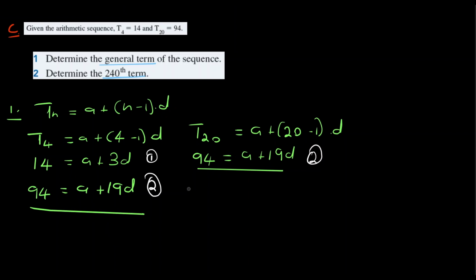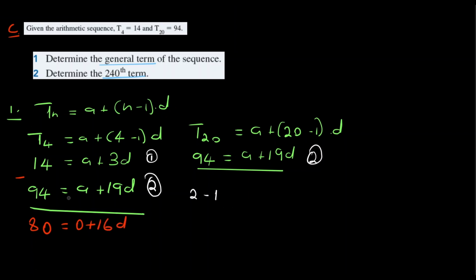We can say equation number 2 minus equation number 1. So we're going to be subtracting these two equations, and obviously we'll be taking the bigger number minus the smaller number. So in this case it will be 94 minus 14, and the answer that we get is 80, equals a minus a, which is 0, and 19d minus 3d gives us 16d.